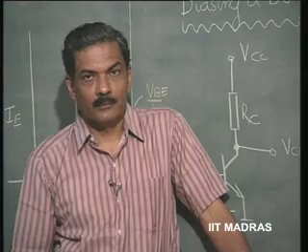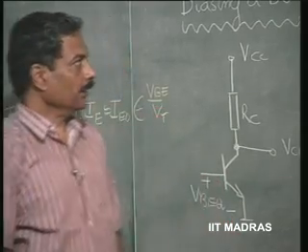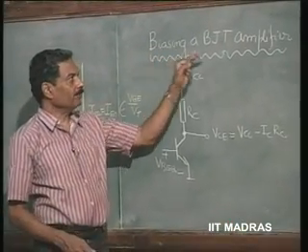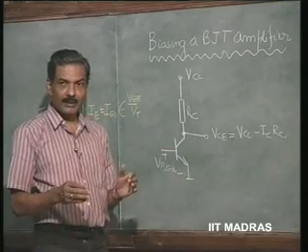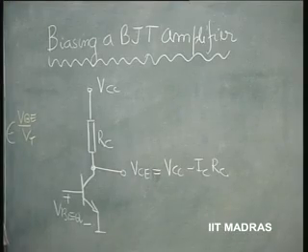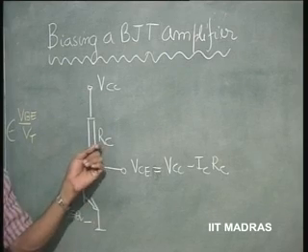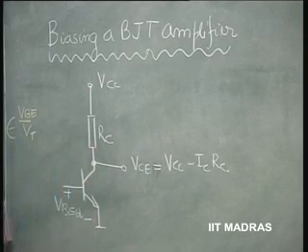So, now let us understand the important aspect of biasing a BJT amplifier. A BJT works as an amplifier, we have understood, if base emitter junction is forward biased and collector base junction is reverse biased.